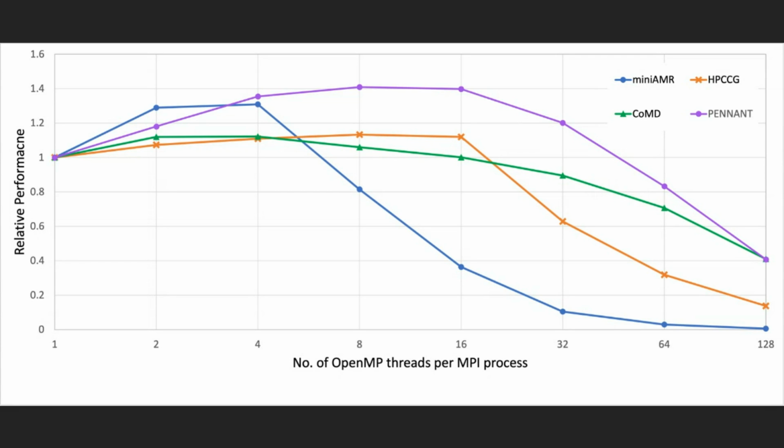So for the most part, using more than 16 threads is generally a bad idea and gives you significantly worse performance. Using 128 threads per MPI process is generally awful. So you definitely can see some benefits, typically, depending on the application, anything between 10% and 40% performance improvement from the hybrid version.